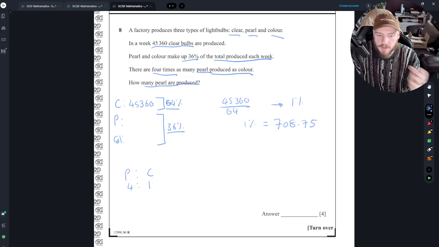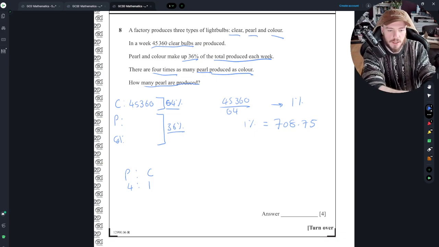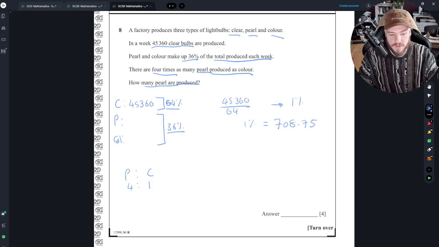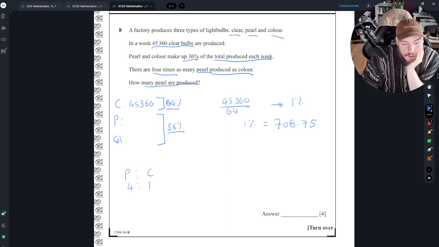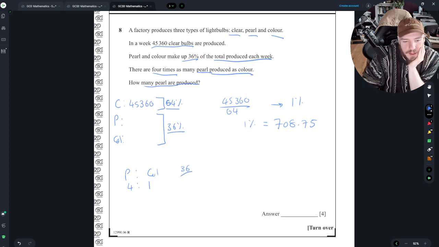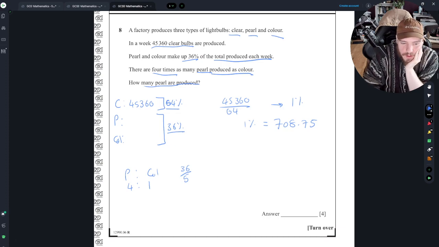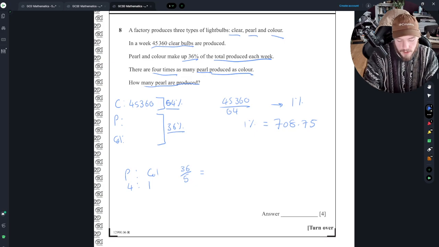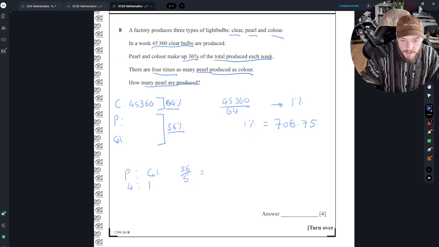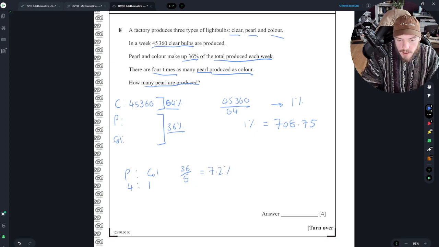I know that I have 4 to 1 in terms of pearl. Pearl is 4, color is 1. Okay, so what I'm going to do is I'm going to divide my 36 by 5. Okay, if we have a ratio of 4 to 1, we would add those two together and we can divide that into our percentage, which would give us 36 divided by 5 be 7.2%.